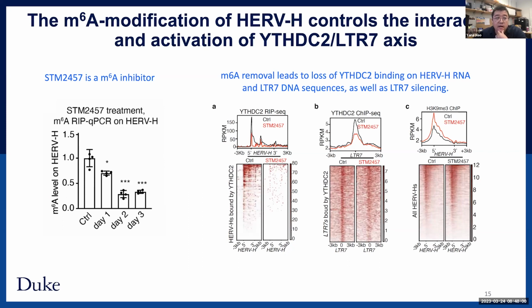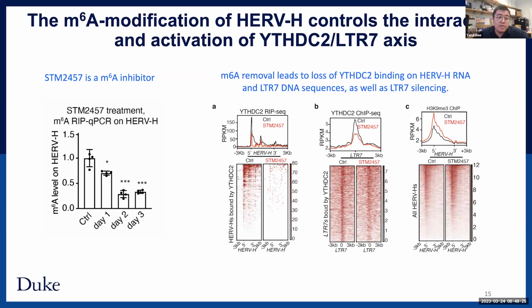This is an m6A inhibitor that can remove m6A modification from all the transcripts. We treated human embryonic stem cells with the m6A inhibitor, and we found that after 2-day treatment, the m6A level of HERVH transcripts was reduced to about 20-30% compared to the control level.